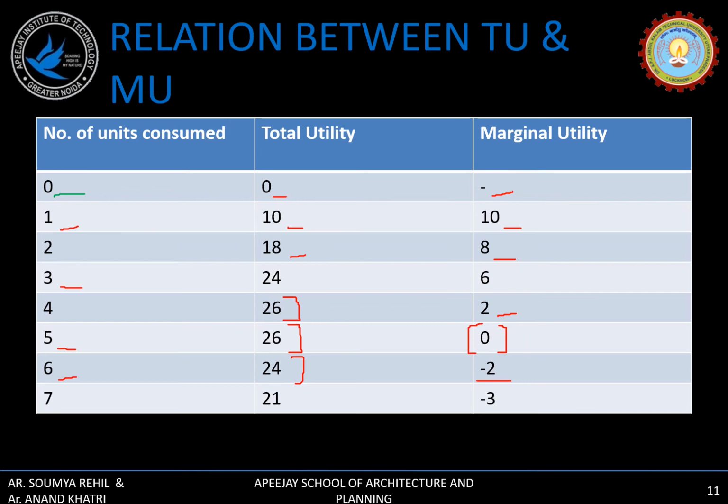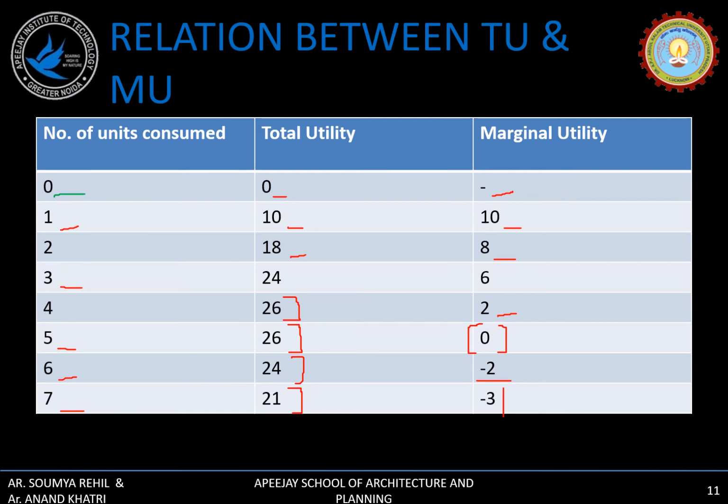Now let's say they insist for one more. So now it has even lesser utility for you. So your total utility for this item has become 21 and your marginal utility has become minus 3, which is 21 minus 24.